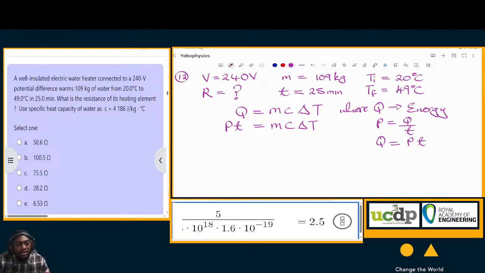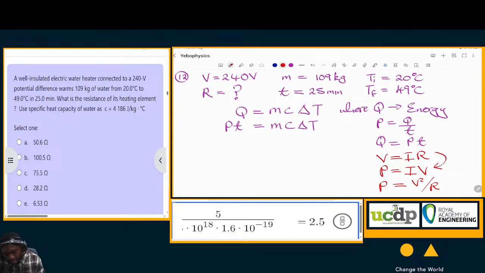From your current and resistance equations, you must have come across V equals IR, Ohm's law, and you must have come across power equals current times voltage. When you combine these two equations, power is also equal to V squared over the resistance.